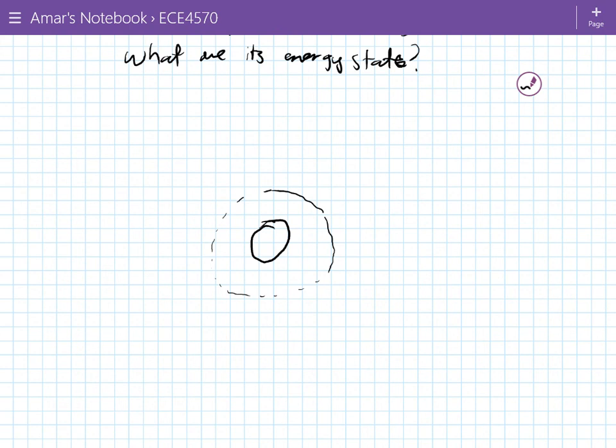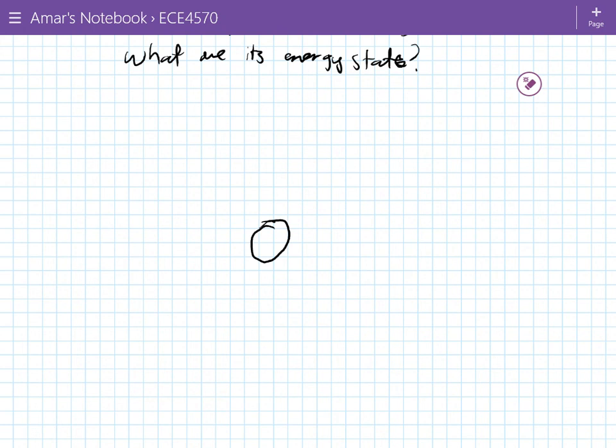Okay. Suppose that energy state is filled. That orbital can hold a maximum of 2 electrons. The next possible energy state is, so that was the 1s that I just drew. The 2s also looks spherical like this. So this is the 2s orbital that I drew, slightly larger radius.